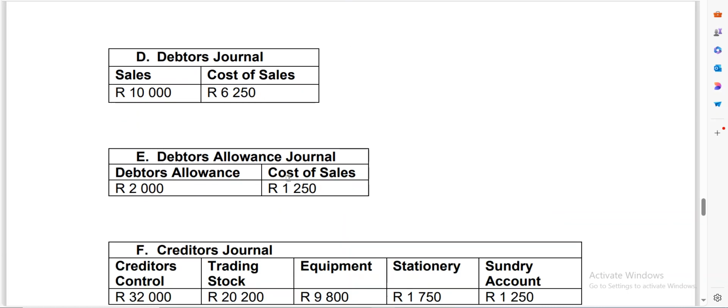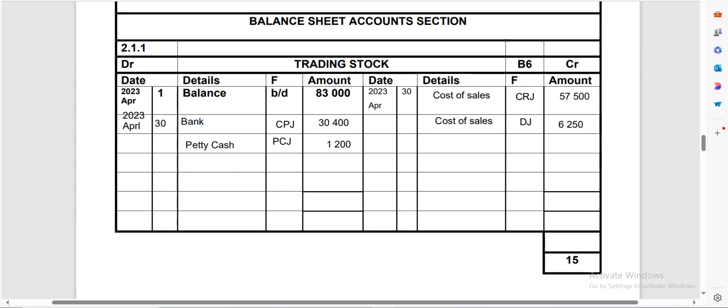Where do we see cost of sales? I see it in the debtors allowance journal. So it means that I'll come this side and say the debtors allowance. It means that these people are bringing back goods. So obviously, if customers bring back goods, the stock that we have will increase.